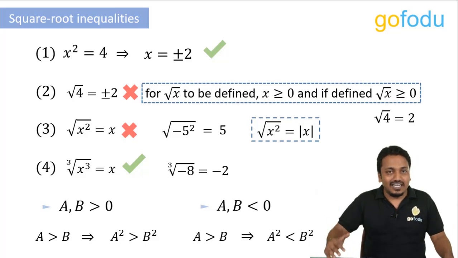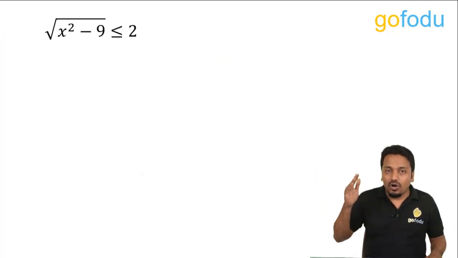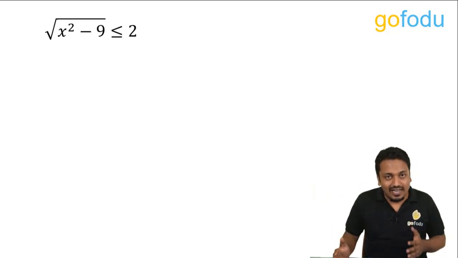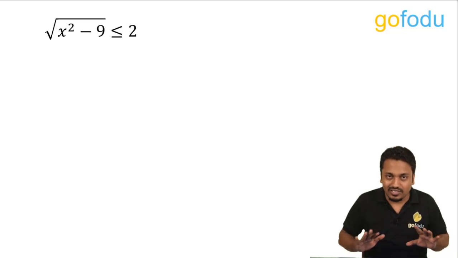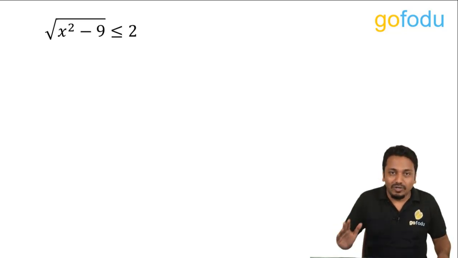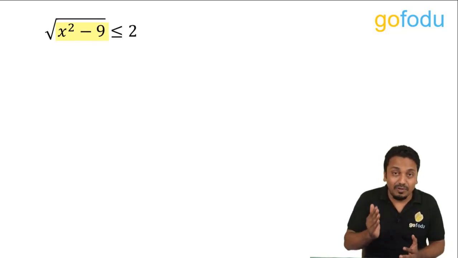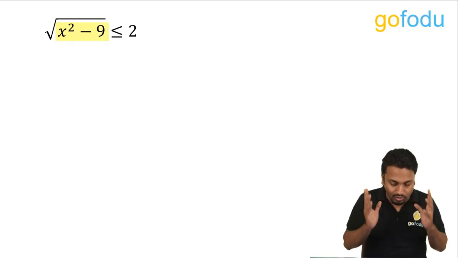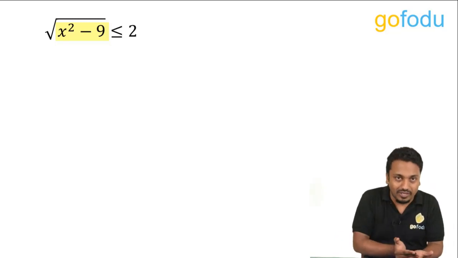Let's take an example of a square root inequality. Root of x square minus 9 is less than equal to 2. Simple question. For the root sign to be defined, whatever is written inside the root sign must be positive.